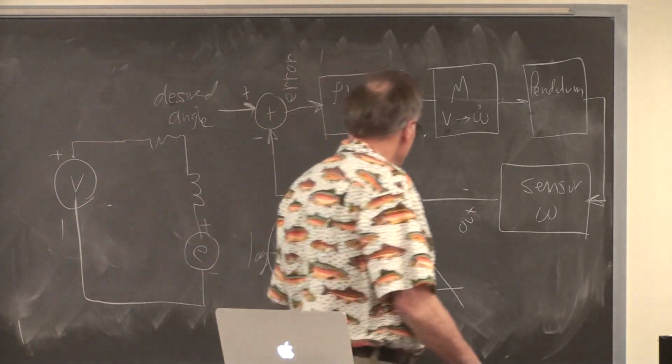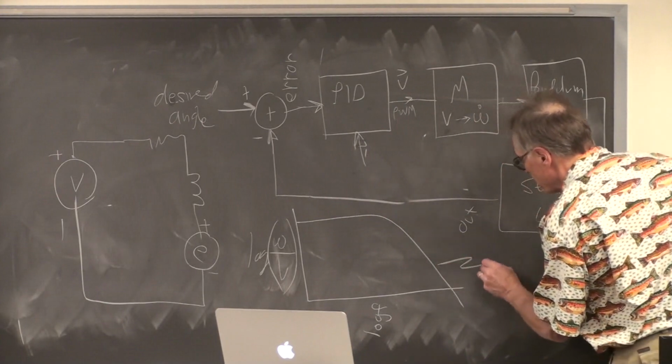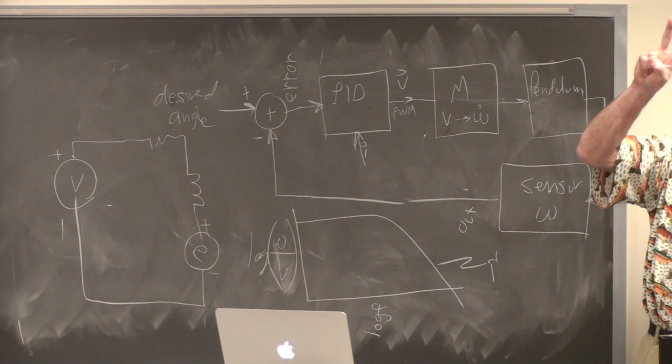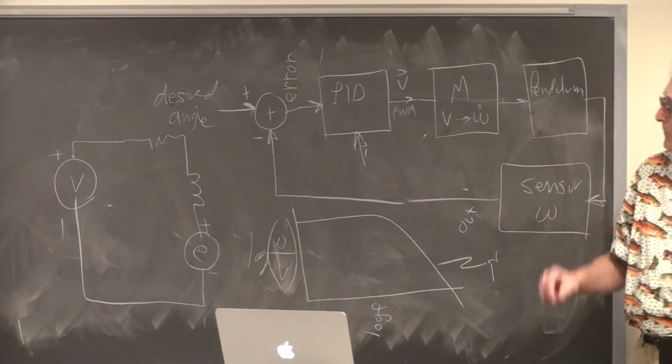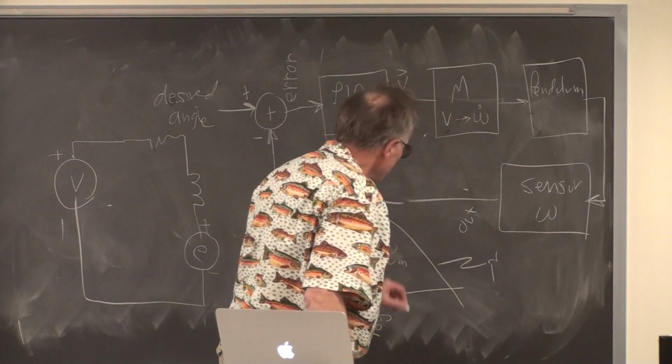Except that the asymptotic slope here is -2 on a log-log plot, so it looks like a two-pole filter. There's some time constant we'll call tau motor.